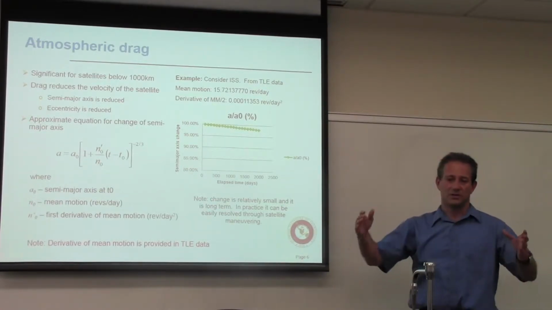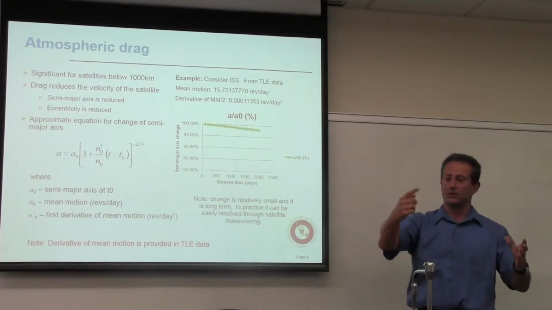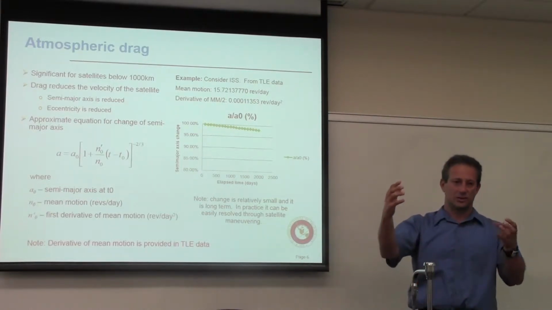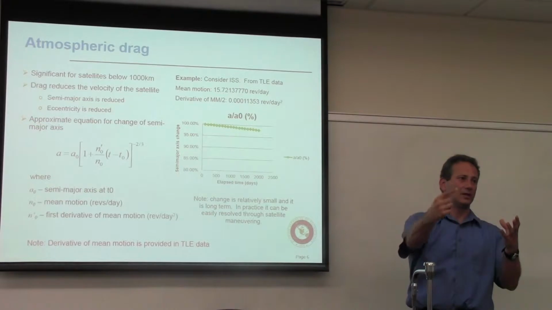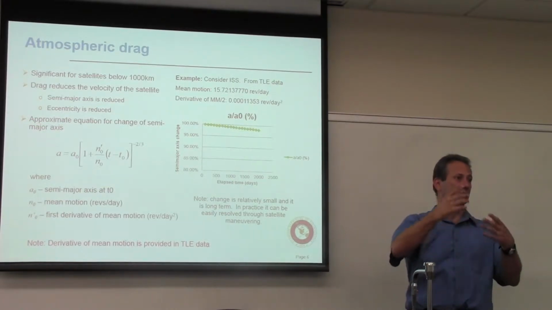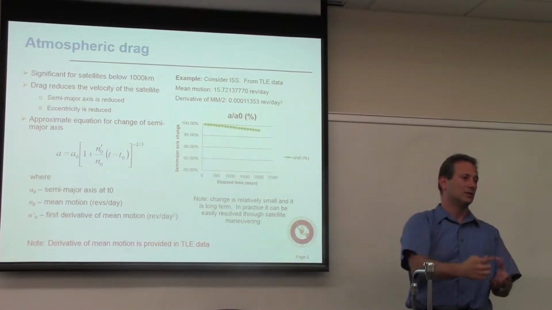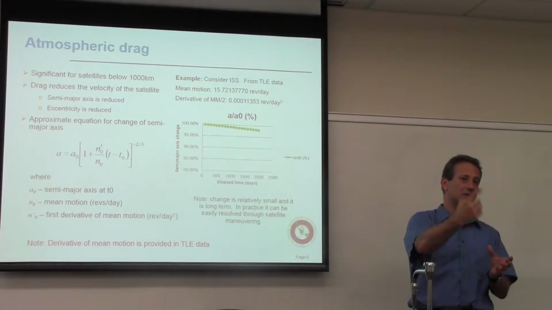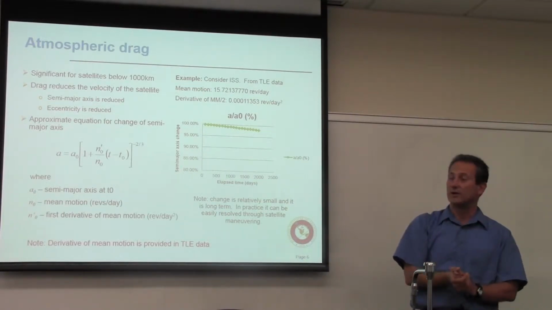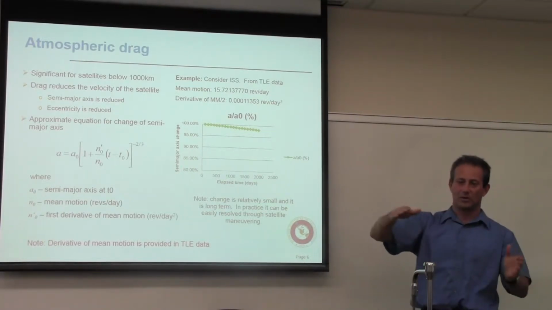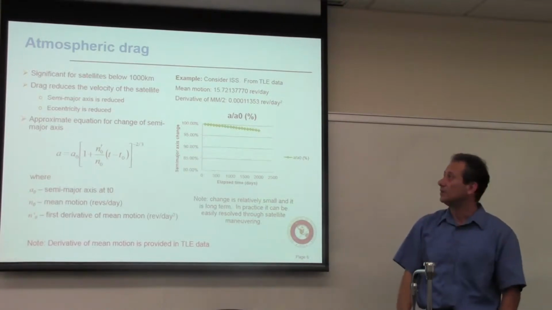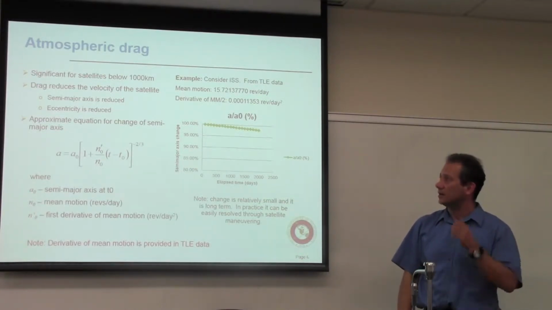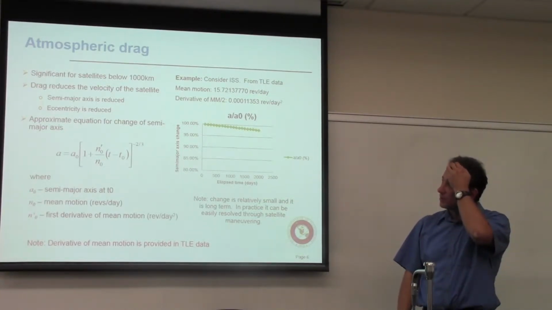As you keep going around the globe, drag takes some energy, and as a result your semi-major axis, or your altitude, starts decreasing. If you leave it like that for a long time, eventually the International Space Station will fall onto the ground. So every now and then you have to compensate for that and fly a little bit further away from its current orbit.